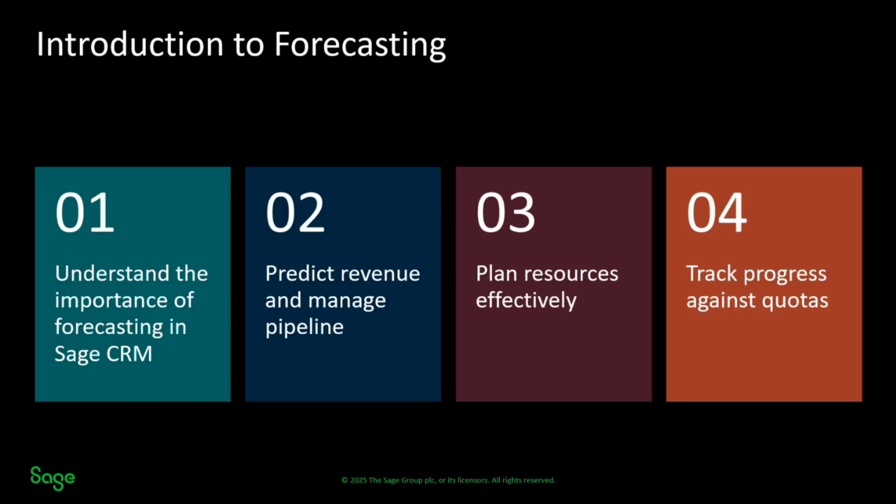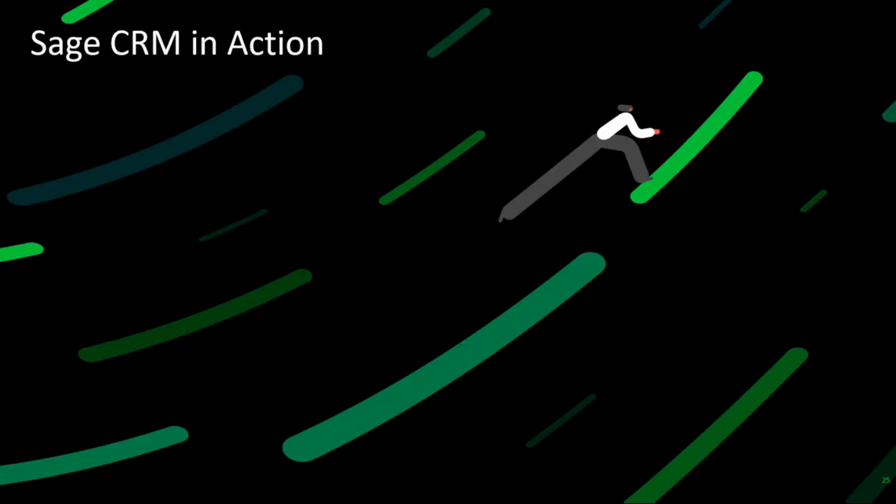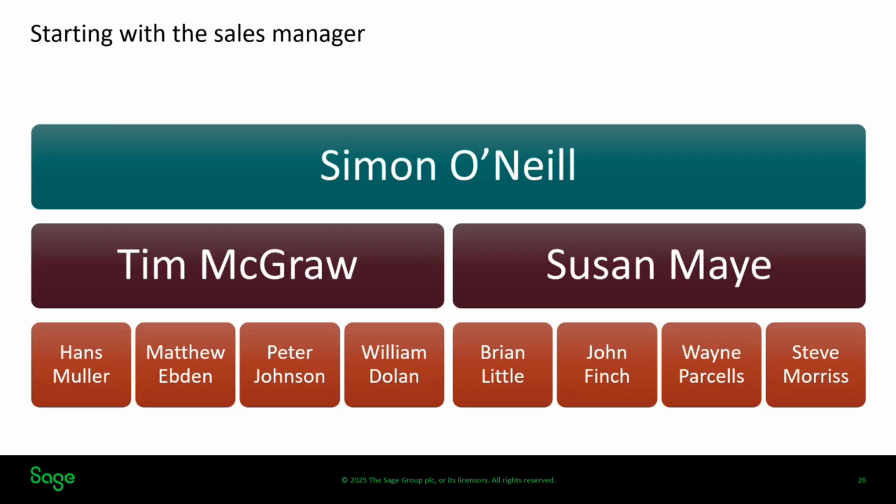So you want to be able to predict revenue and manage that pipeline, to plan for the resources that you need, and then track progress as well. These are all of the features that the sales forecasting feature in Sage CRM provides. So let's get going and see this. Now, I've already hinted about some of our users and how they exist within a reporting environment.